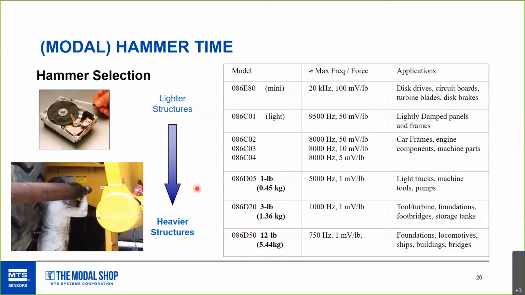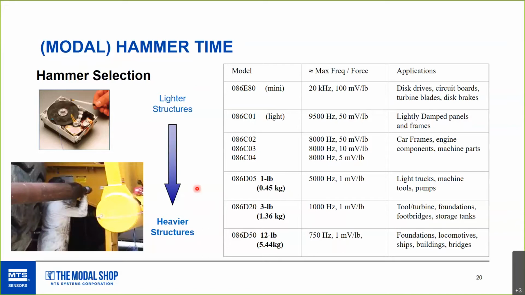But really it depends. The mass is the important part. You're swinging a large amount of mass, so that drop in momentum is really what imparts the energy. So you're putting so much more energy with a 12-pound effective mass onto a large structure than you would with a 1 pound effective mass.